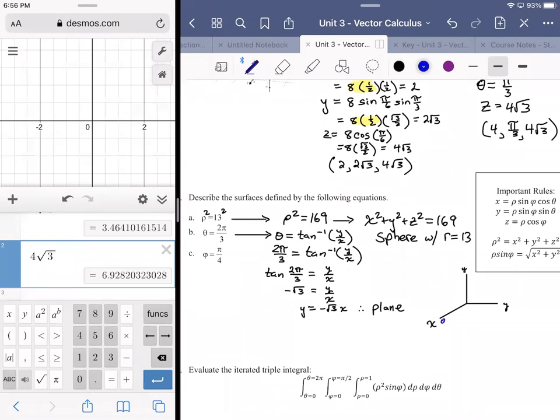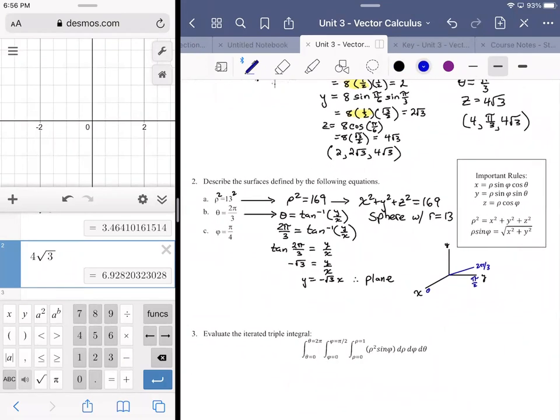Here's 0 degrees over here. Here's 0 radians, pi over 2 radians. So you're talking about 2 pi over 3 being somewhere in this neighborhood. But it's happening for all rho and for all phi.